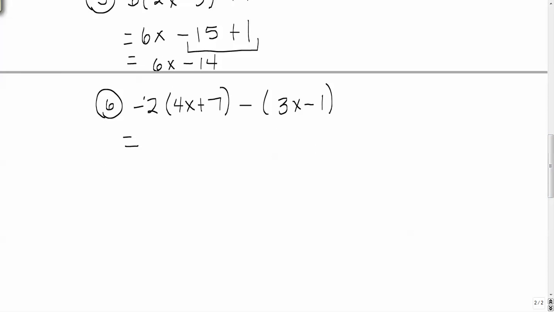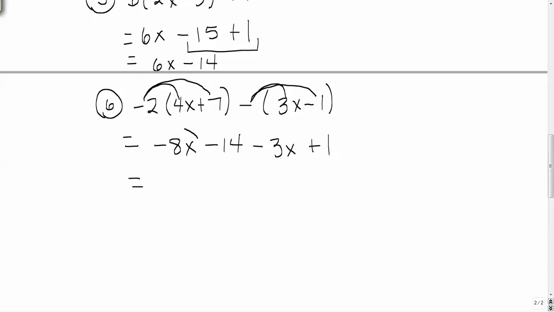So multiply negative 2 times 4x, and that's negative 8x. Multiply negative 2 times 7, and that's negative 14, so put minus 14. Now remember, if there's no number there, that's like having a 1 there. So if you multiply negative 1 times 3x, that gives you a minus 3x. If you multiply negative 1 times a negative 1, it gives you a plus 1.